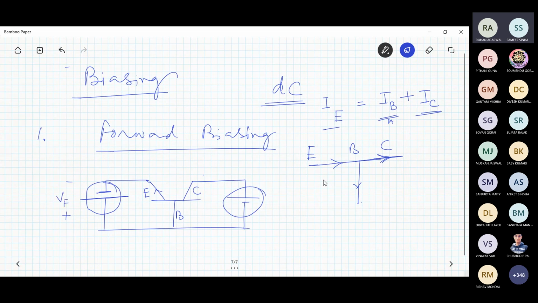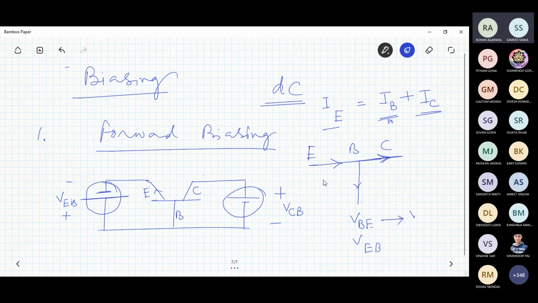And the nomenclature is given: voltage across E and B, so VEB. Here this is positive, this is negative, and the voltage is denoted as VCB, that means voltage across collector to base. You can write VCB, here you can write VBE, but remember, I'll tell you the little difference between VBE and VEB.